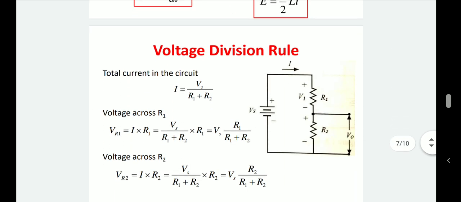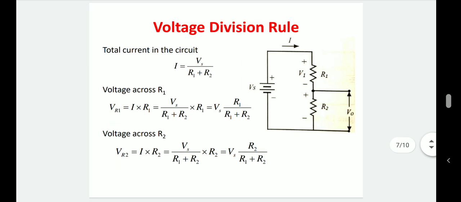Then next are the voltage division and current division rules. These rules are applicable while solving electric circuits. Suppose we are given a circuit like this and asked to find the voltage across the resistance R2.